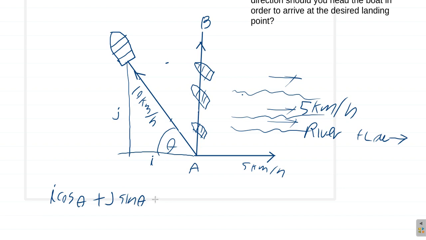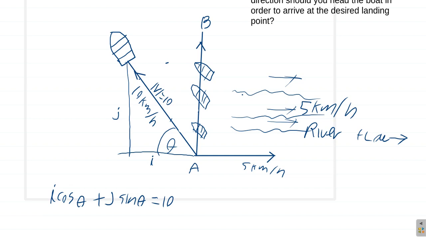I cos theta plus J sin theta. That's going to give you the 10 kilometers per hour. And by the way, the 10 is the magnitude of V, the velocity of the boat.